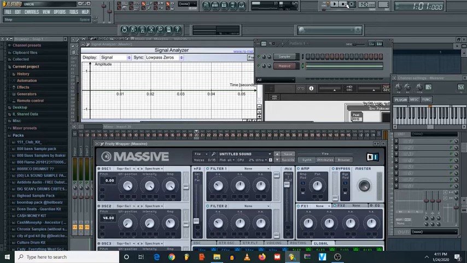The reason I'm so interested in this is because it could really solve phasing problems as far as mixing, and also you can do some really cool stuff as far as getting a signal 90 degrees out of phase with itself, but that's for another video.